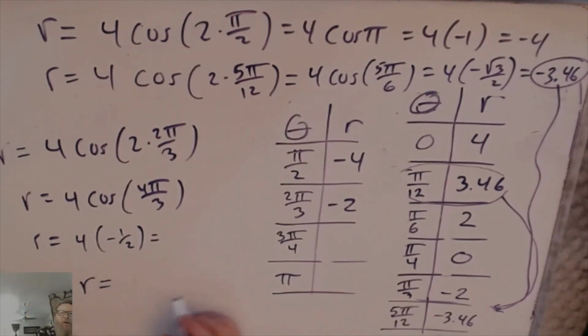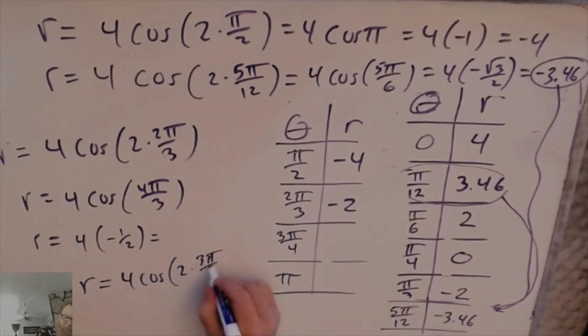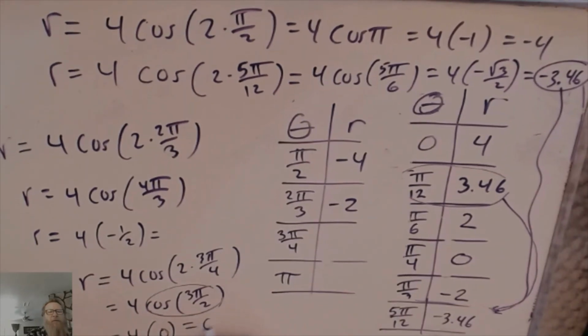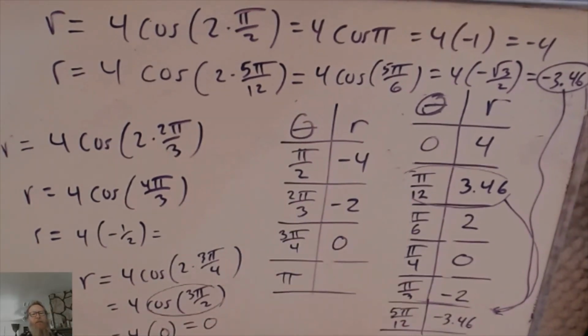So I got r equals 4 cosine 2 times 3 pi over 4, which is 4 cosine 3 pi over 2. 3 pi over 2 is, the cosine is 0, so this one's going to come out to be 0. 3 pi over 2 is down negative 90 degrees, or if you go this way, 270 degrees. So its cosine is 0.